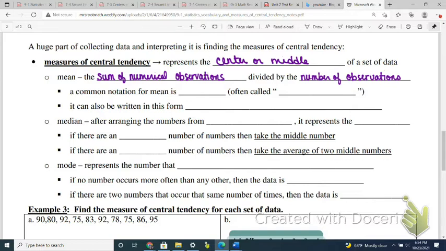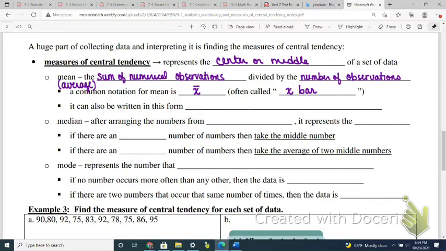What I want you to remember about this is that it is the average. We add them all up and we divide by how many there are. That is average. A common notation for this is x with a bar over it, and we call that x bar. You see that when you do the one variable statistics on your calculator.